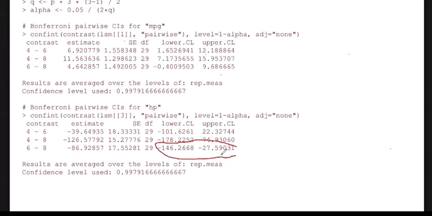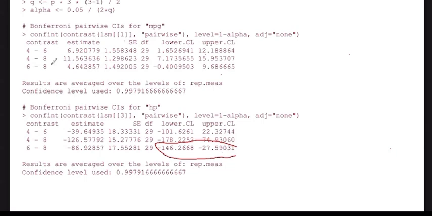Whenever there's a zero in the interval, it means there is no difference. No zero in the interval means there is a difference. So negative to negative, there's a difference. Positive to positive, there's a difference. Negative to positive, no difference.